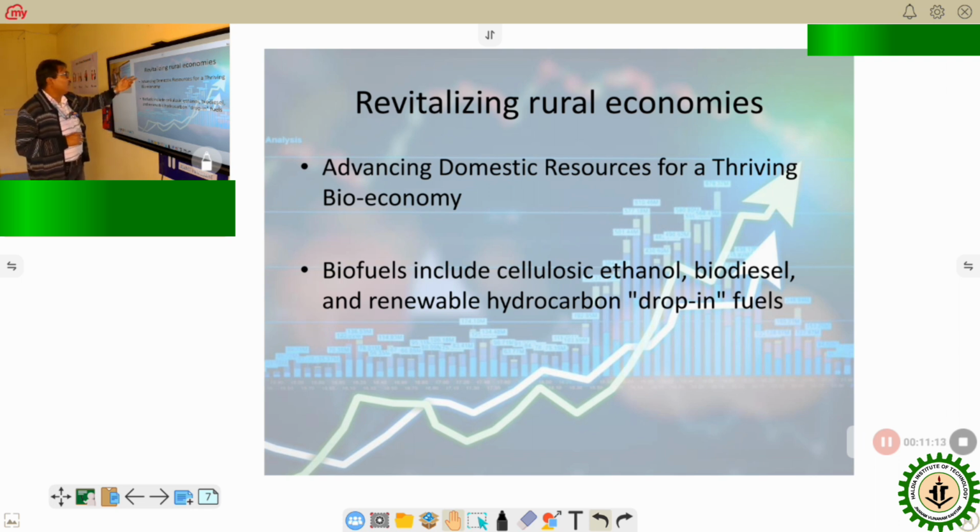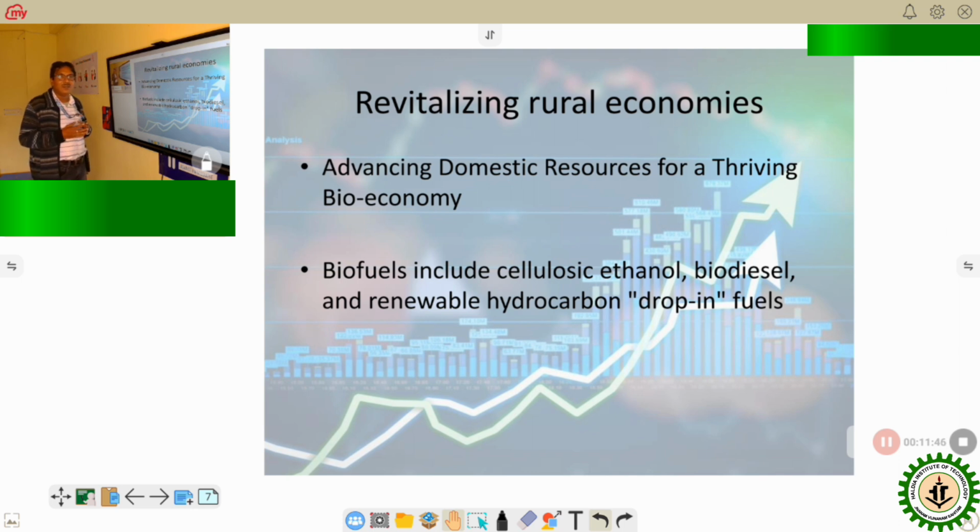So this is revitalizing the rural economy. This is also one part, you know, revitalizing the rural economy, if we are talking about this biohydrogen, advancing domestic resources for a thriving bioeconomy, because we will produce the biomass that will be degraded into the hydrogen, and that biomass can be produced economically, even rurally we can generate it.